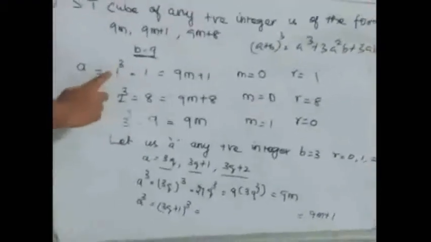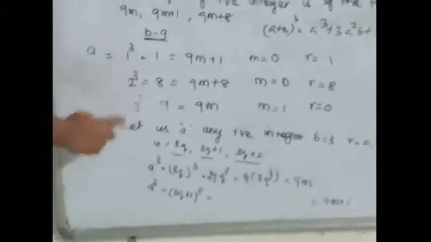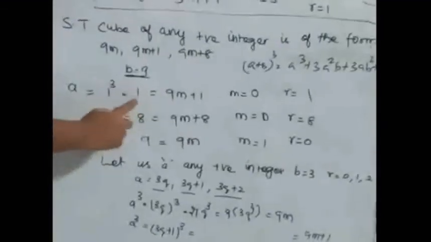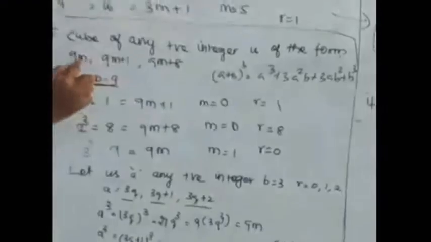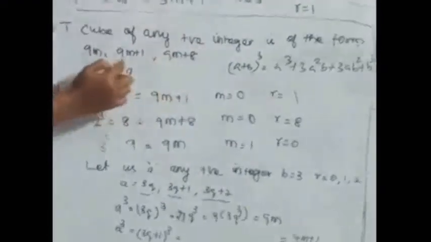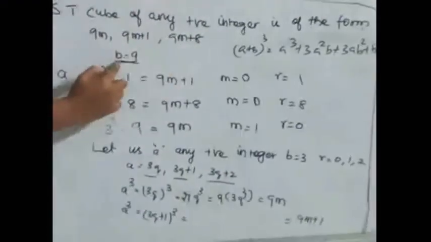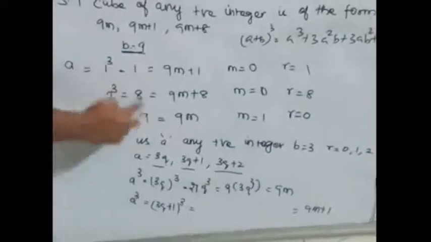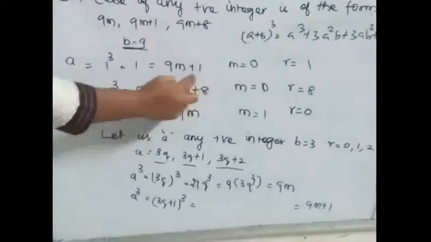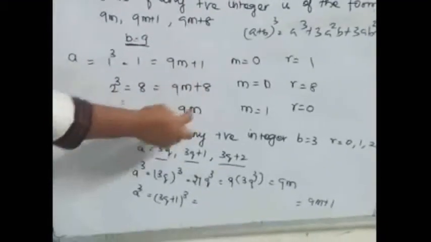Take it as 1, 2, 3. If you cube this, you have the values 1, 8, 27 like this. In these equations, the divisor is 9, so the b value is 9. Just divide all these cube values by 9, and you have the equations 9m plus 1, 9m plus 8, 9m.